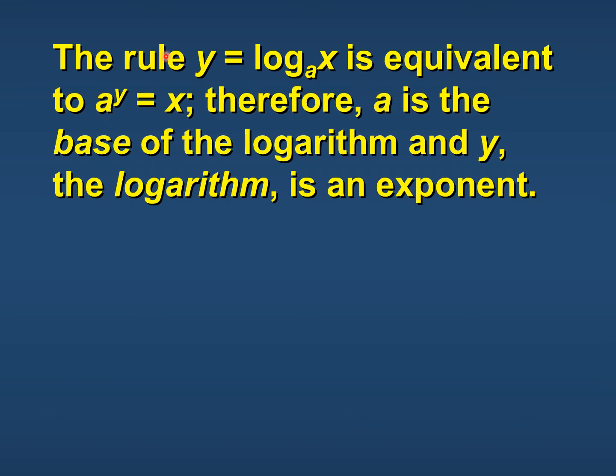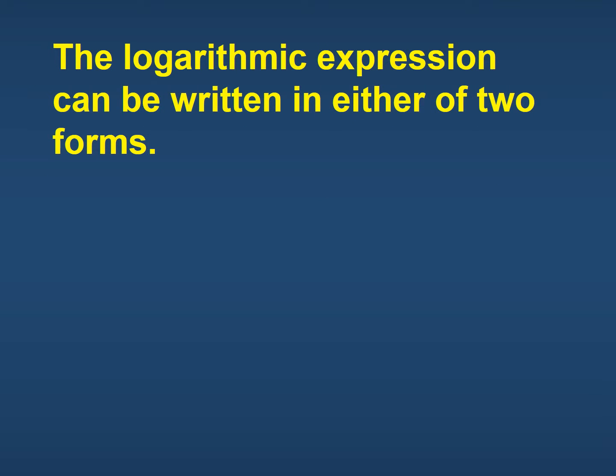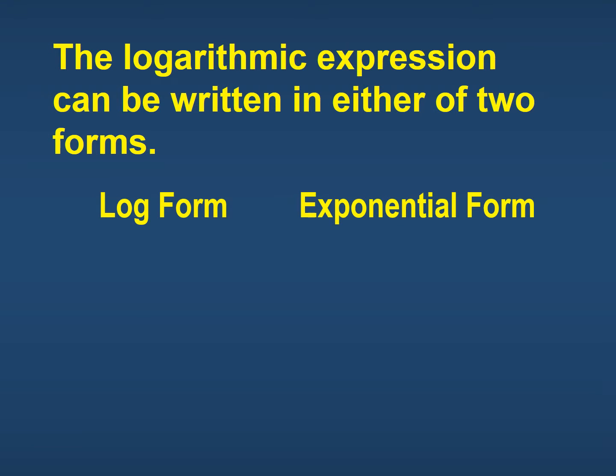So as you can see, it kind of makes a loop. a is the base of the logarithm, and it's also the base for your exponential. So the logarithmic expression can be written in either of the two forms, the log form or the exponential form. To change it, you just take the base of your log and make it the base of your exponent.